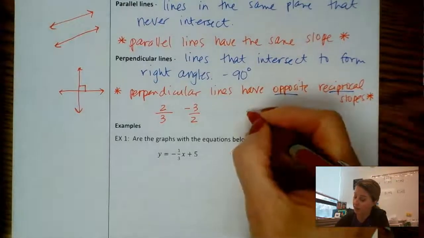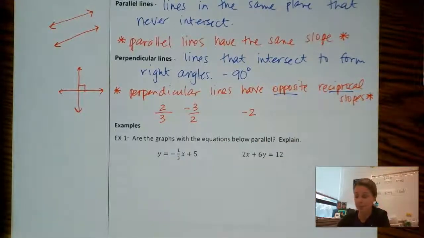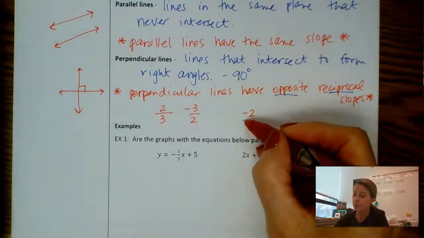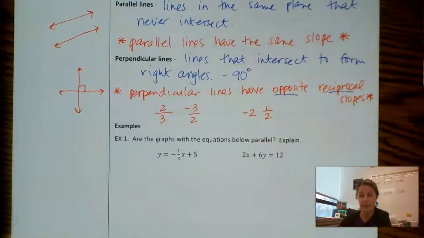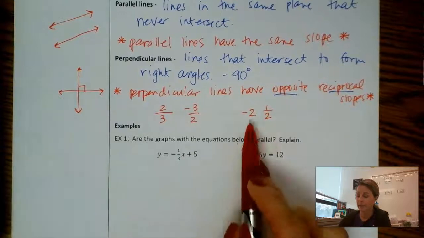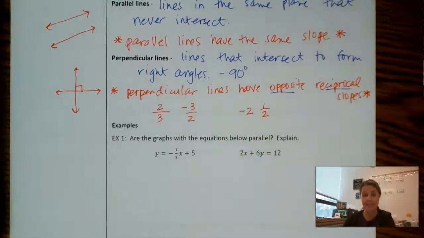How about, let's do -2 as my first slope. The next slope should be positive, and then I need to flip over -2. There's really a 1 under it, so my new slope would be a positive 1/2. Opposite sign and reciprocals of each other. That's the key element here. Same slope, parallel. Opposite reciprocal, perpendicular.